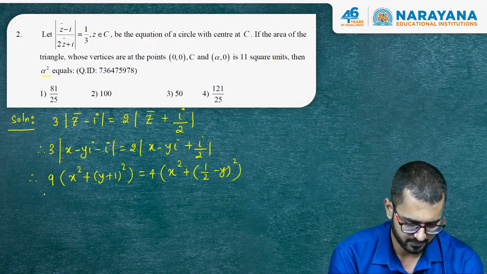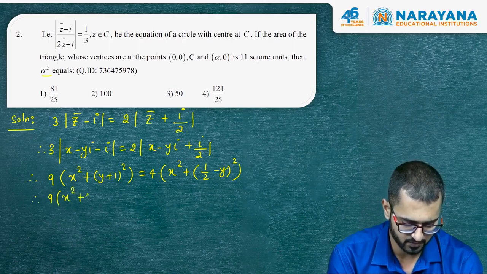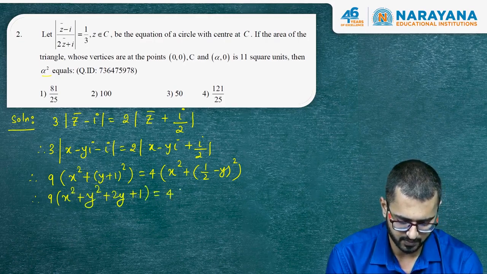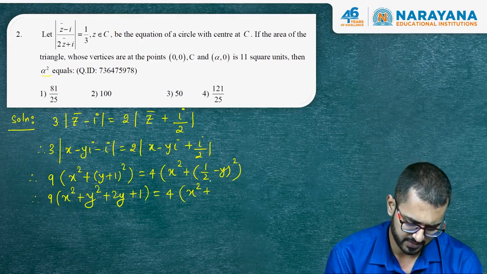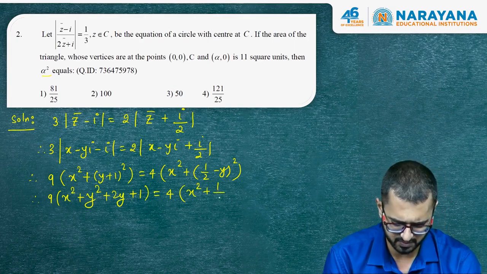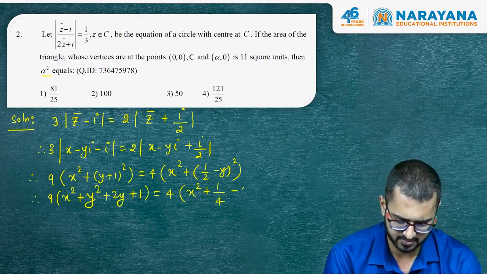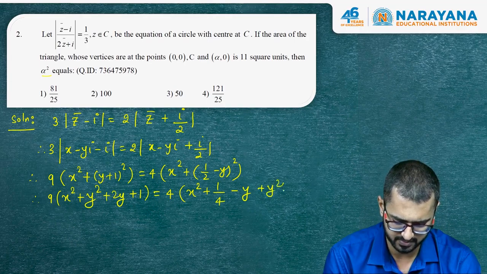Alright, now we'll simplify this further, and this gives me 9 times x square plus y square plus 2y plus 1 equal to 4 times x square plus 1 by 4 minus y plus y square.